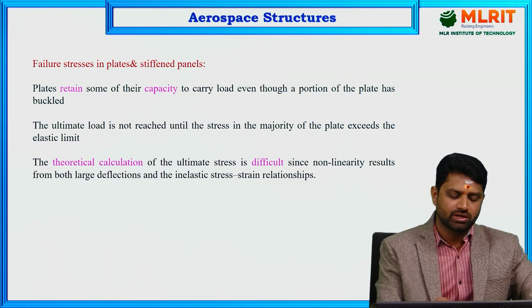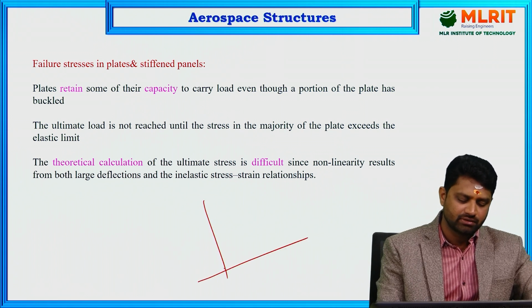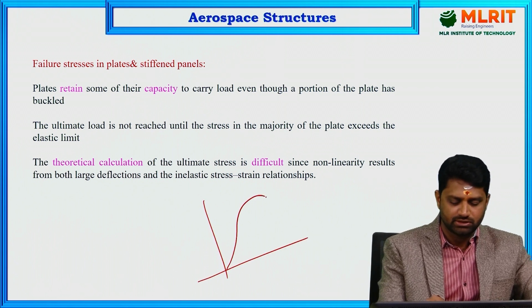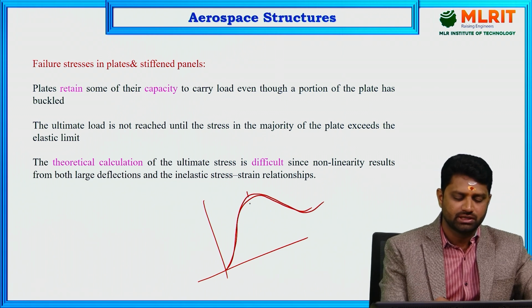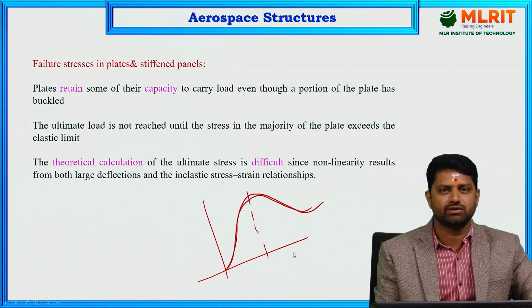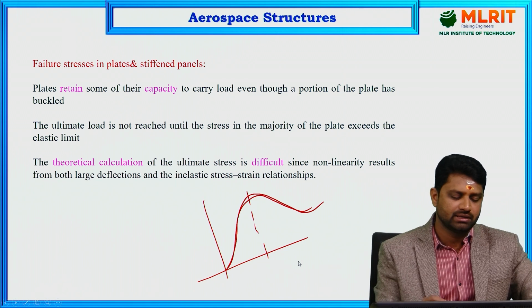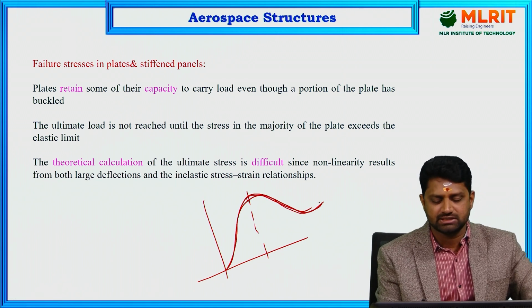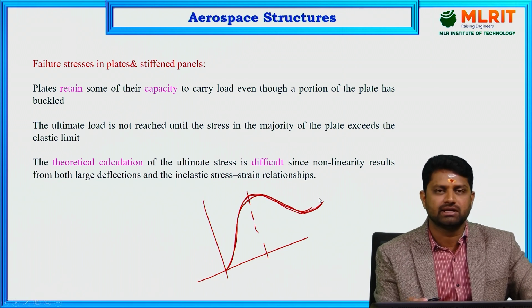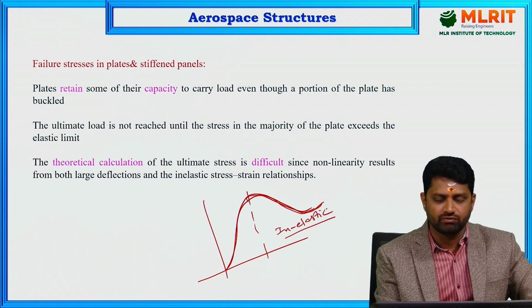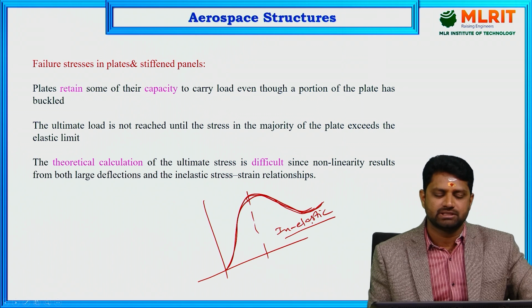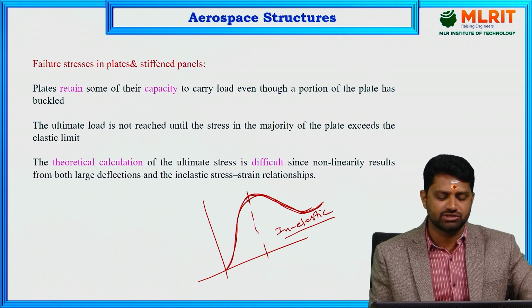When you look at the stress-strain curve for any mild steel, you get a curve like this. Up to here you can consider it the elastic zone, and after that the plastic zone. Theoretical calculations for this inelastic range become a little tough, so we usually rely on semi-empirical results or empirical relationships.